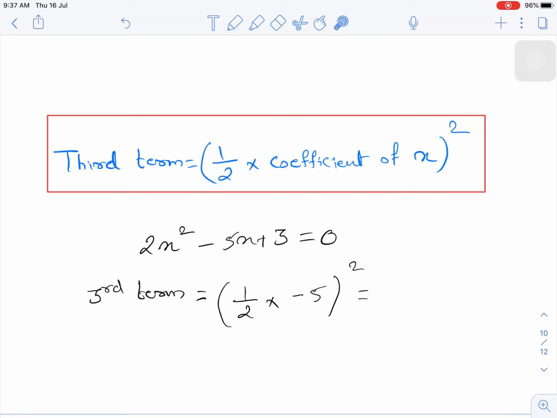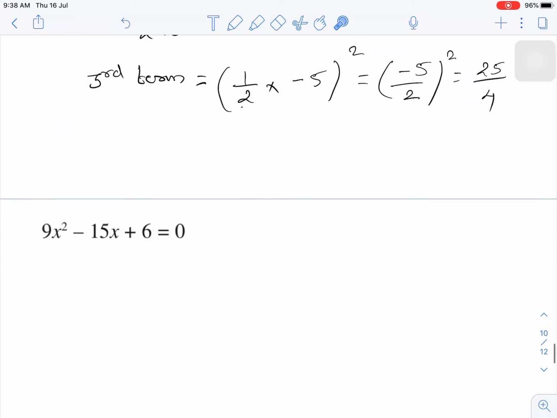It will become minus 5 into 1 will be minus 5 only, upon 2 into 2, bracket square, equals to minus 5 square, so that is 25, upon 2 square, so that is 4. So in this way we have to find the third term for solving this example. Now let us consider one example here.